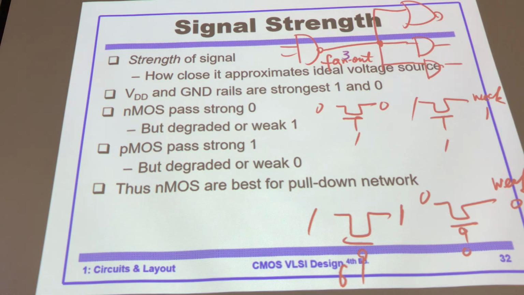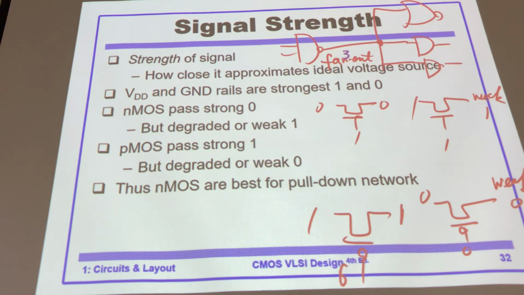You are not getting the correct signal level because of too high fan out, too much loading in the output. The driving capability of the signal strength is not enough. Your signal strength is not enough to drive such a high node, the node of the next stage. That relates to the signal strength.